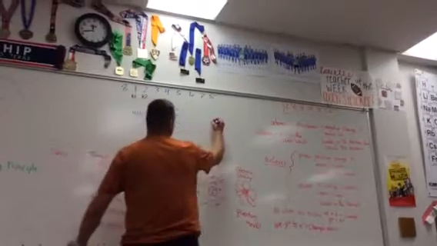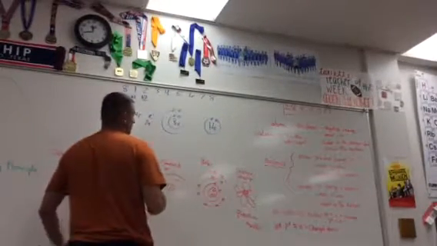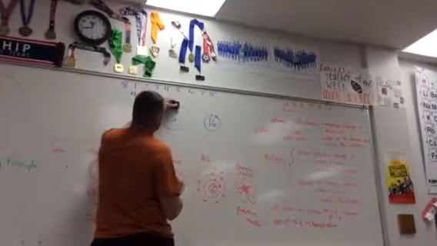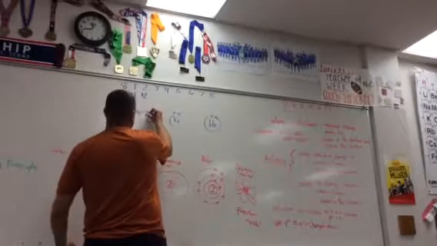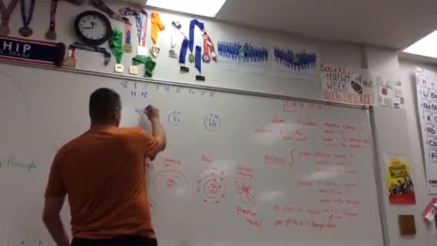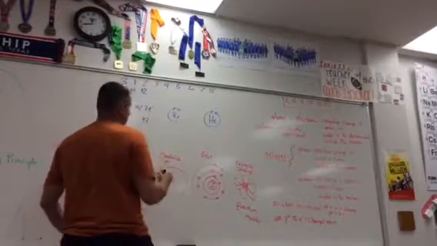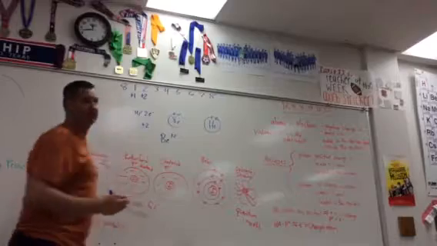Well, it wants to look like helium, and helium is stable with 2 electrons, right? So if it loses 2, now it's going to be beryllium with 4 protons and 2 electrons. Well, if I have 4 protons and 2 electrons, what's my charge going to be? +2. So beryllium is stable as a +2 ion.